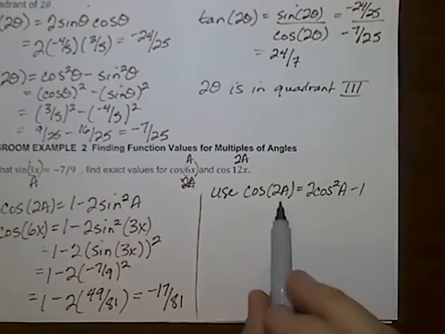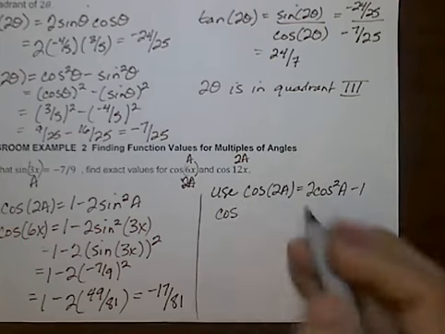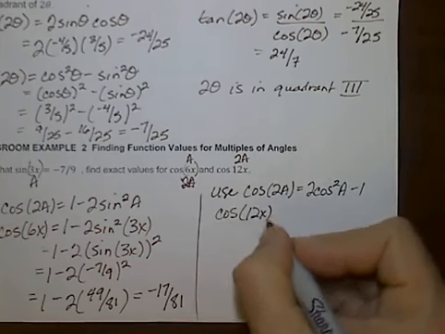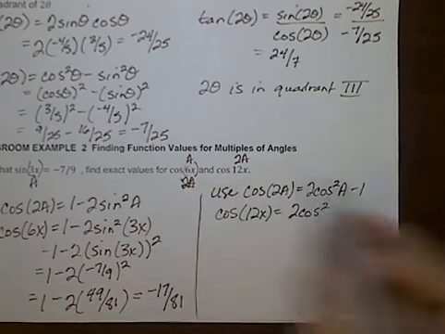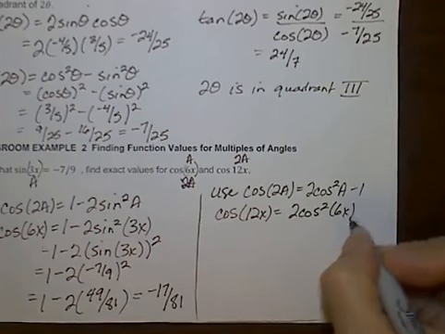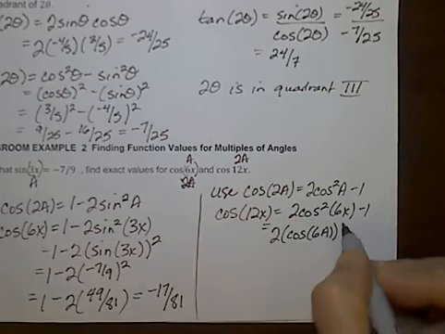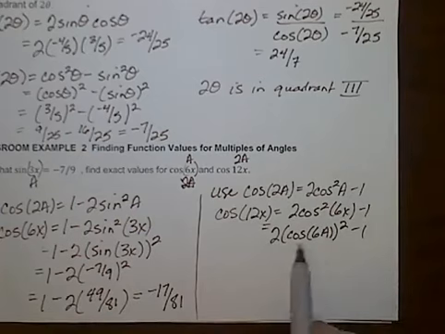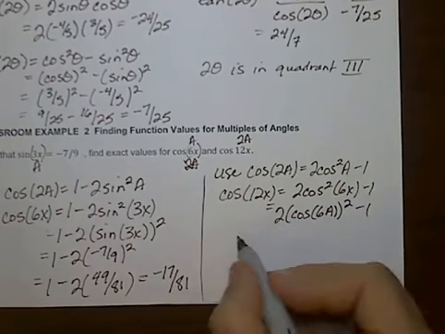There's the identity we're going to use. This time our 2a is going to be the 12x, and our a is the 6x. Here we're taking the cosine of 6x, that value, and squaring it. We just found out that the cosine of 6x is negative 17/81.